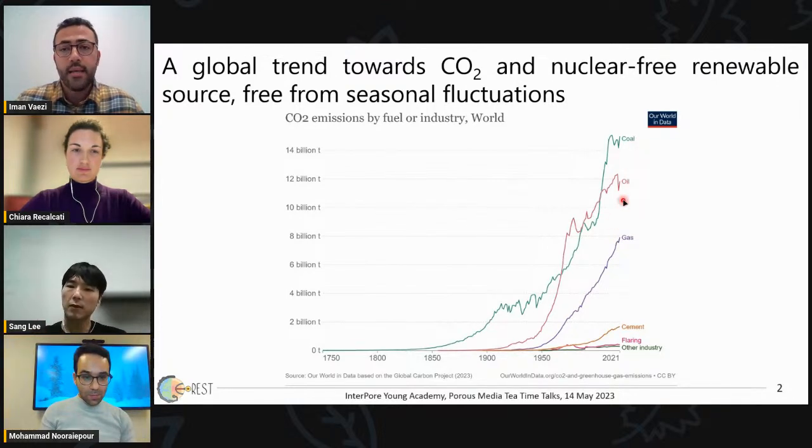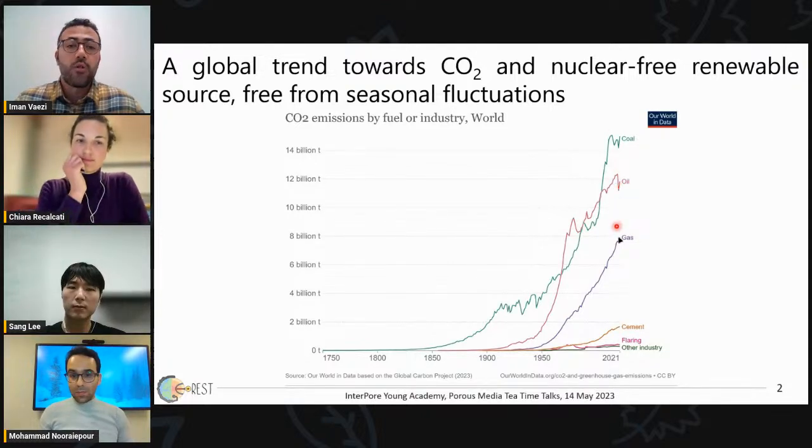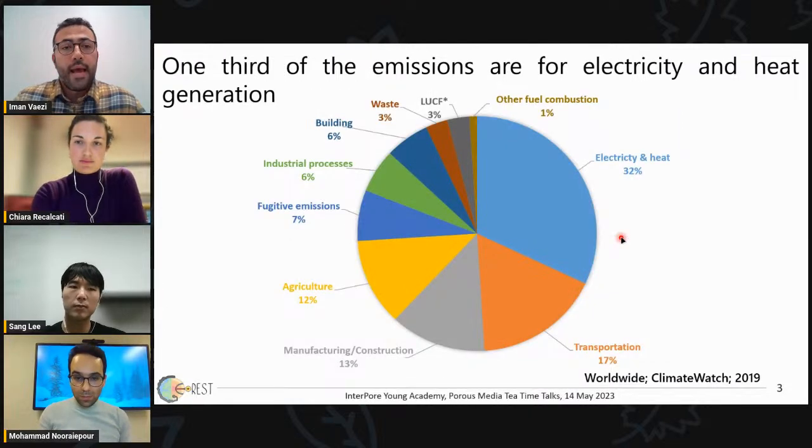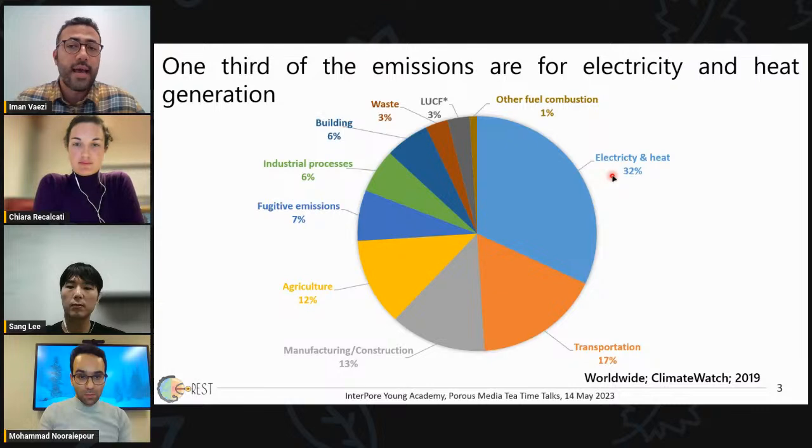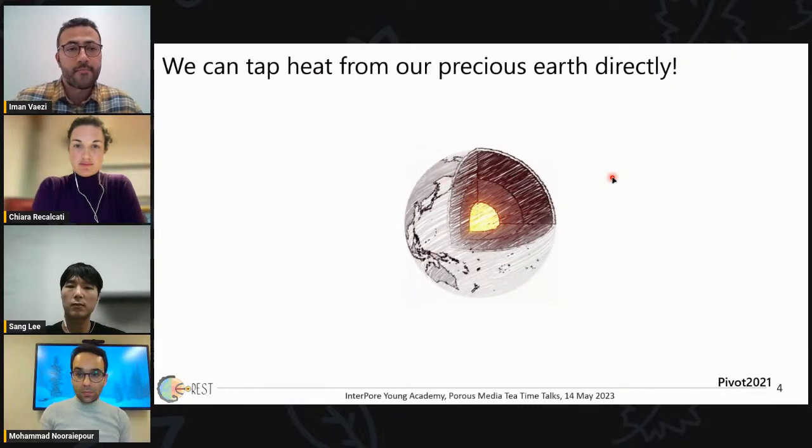In the present day, solid and liquid fuels dominate emissions, although contributions from gas production are also notable. And around 1/3 of this emission is for electricity and heat generation. So we know which section we should tackle.